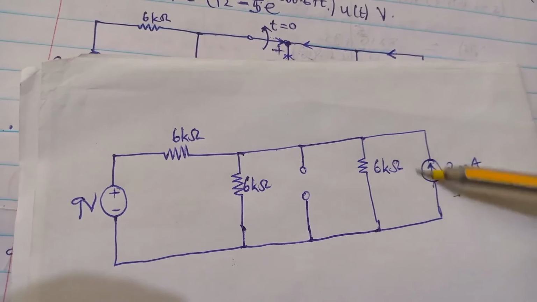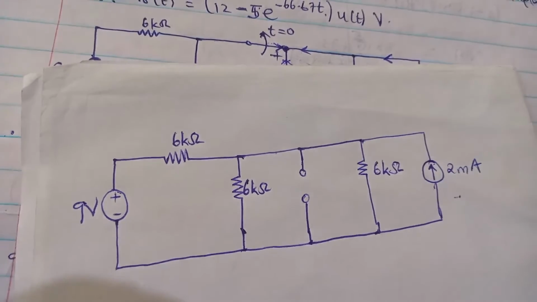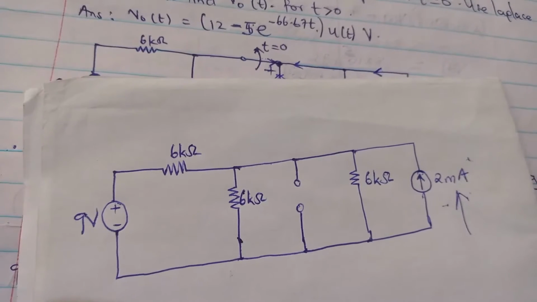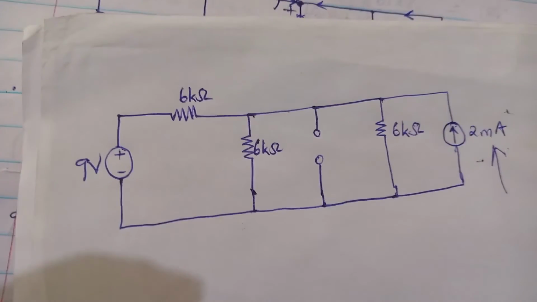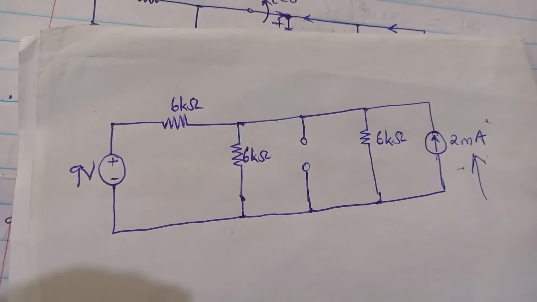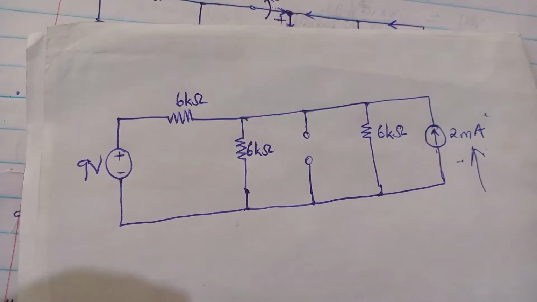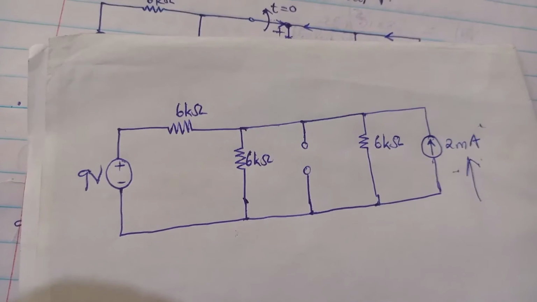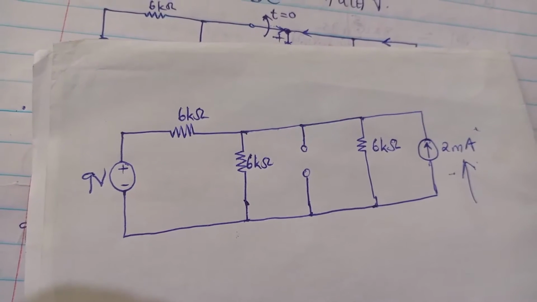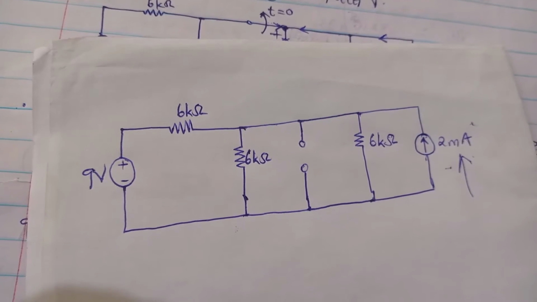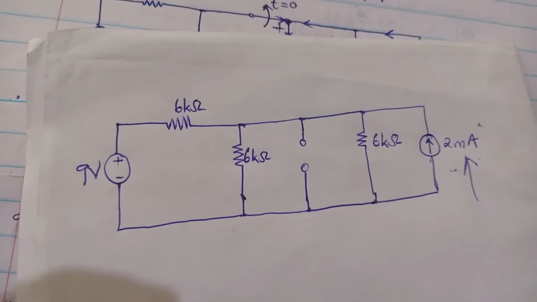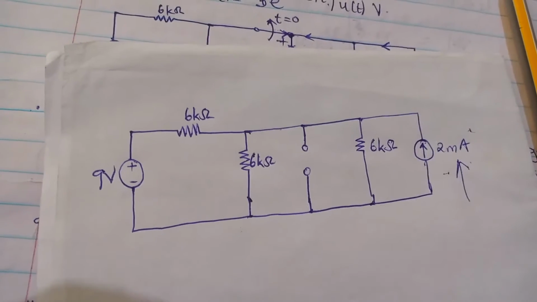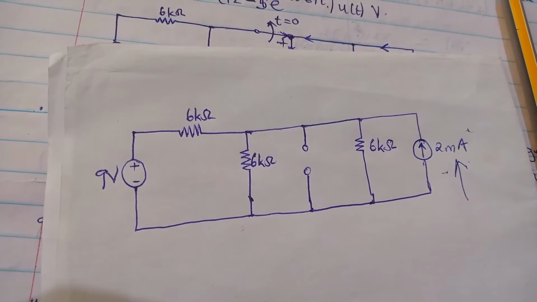Because current is flowing in this direction, when transforming that current source we first make sure we have a fixed voltage source, which can be determined by determining the effective resistance.